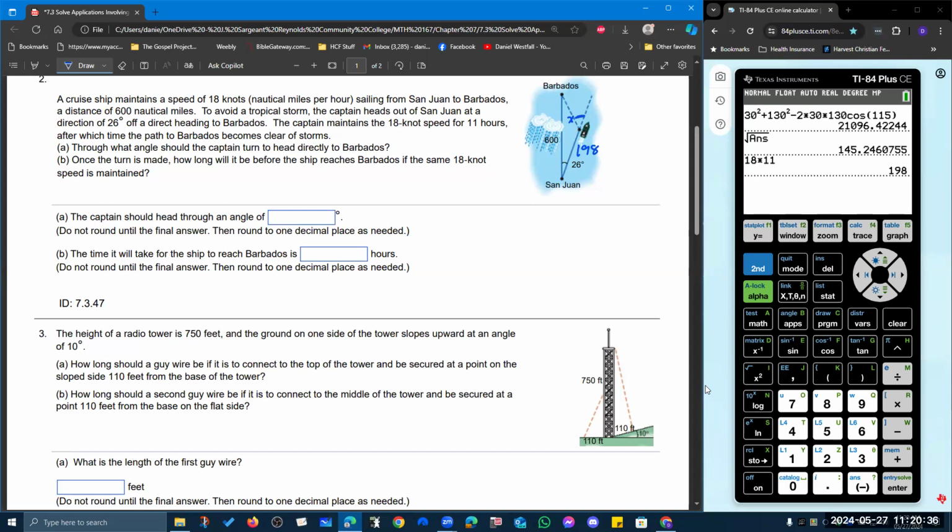Call that point out there T for turning point, right?